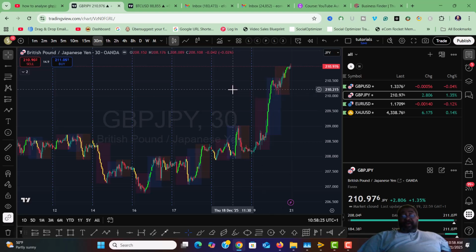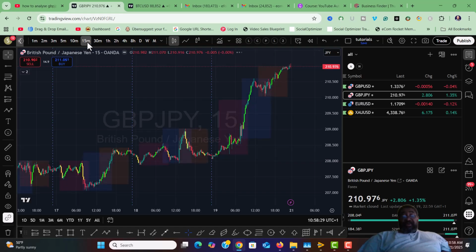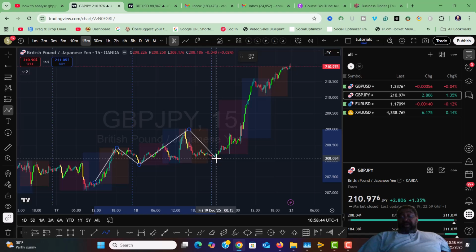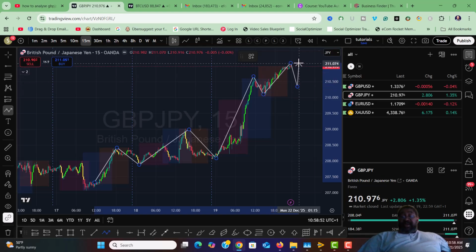I usually take my buy in 15 minutes. So as you can see, if I decide to do my market analysis from here, we have higher high, higher low here, higher high, so we have a higher low, higher high, so we have higher low. We are in a higher high, so we expect the market to pull back and buy.